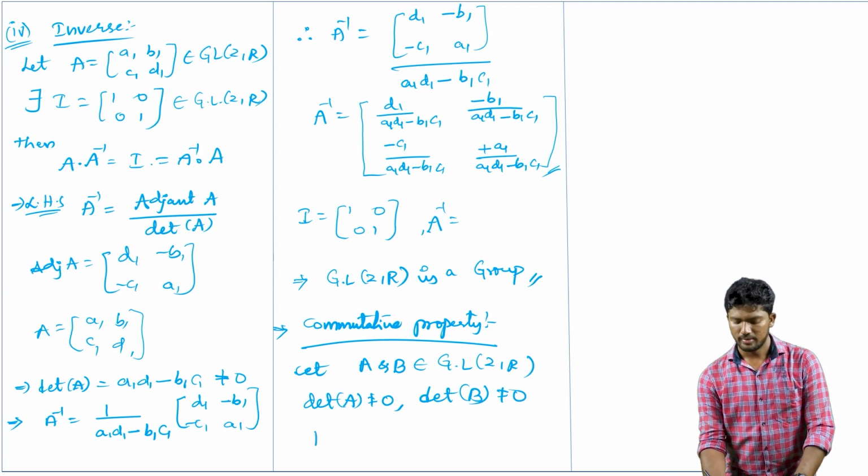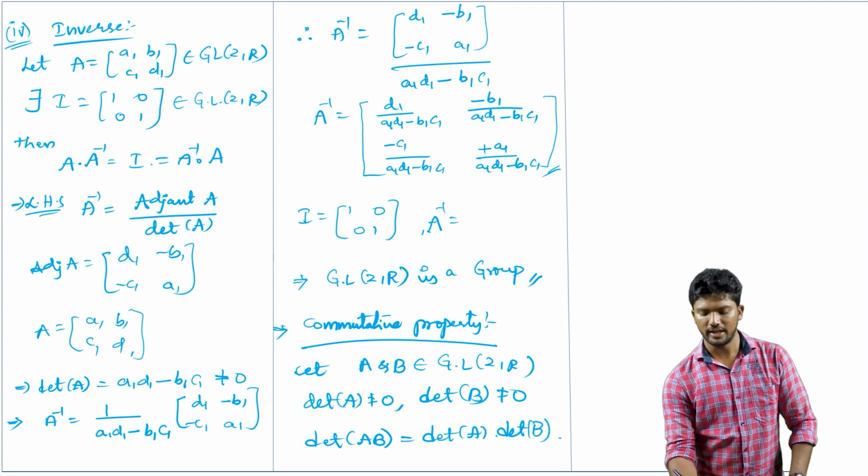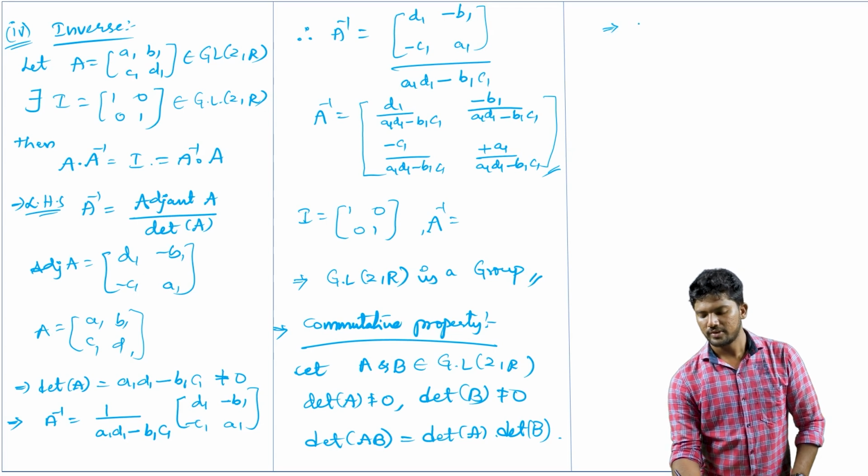Then their product det of A into B is equal to det of A into det of B. Now I am taking it as the condition. So for capital A, capital B belonging to GL of 2 comma R.